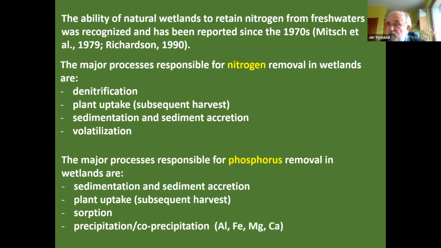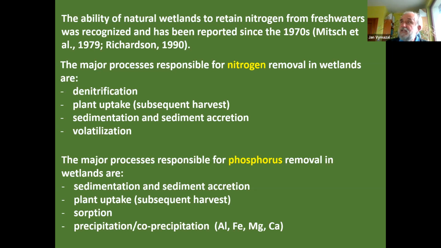As far as phosphorus is concerned, the major processes responsible for phosphorus retention in wetlands are sedimentation and sediment accretion, plant uptake, again with subsequent harvest, sorption, which is quite important, and precipitation and co-precipitation.